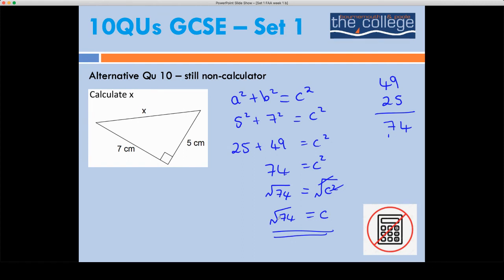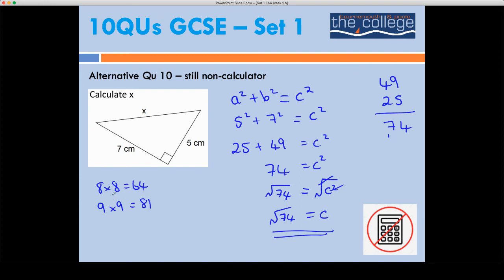It's a bit like pi. The value pi is accurate. 3.14 blah blah blah is not as accurate as the symbol pi. Same for this. So if they wanted you to estimate, then actually you can do that, because what's the nearest square number either side? 8 times 8 is 64, and 9 times 9 is 81.